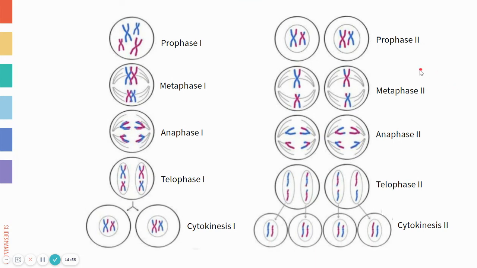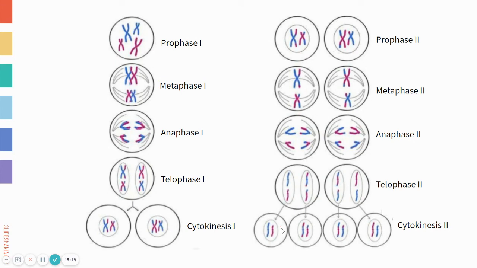So this second division is almost exactly like what you're familiar with in mitosis. We're going to have each of our chromosomes line up in a single file line in the middle of the cell for metaphase. We're going to pull apart our sister chromatids. So here you can see the sister chromatids being pulled apart. And then we're reforming nuclear envelopes and just finishing up by dividing the cytoplasm.